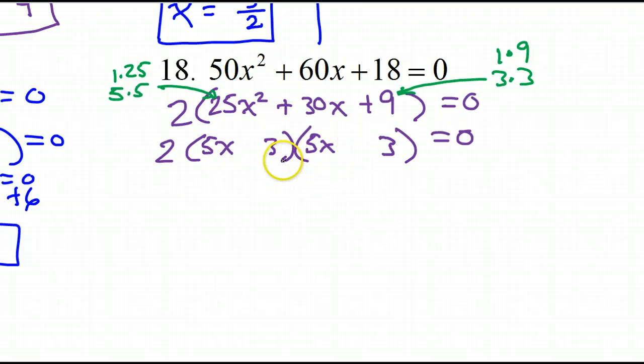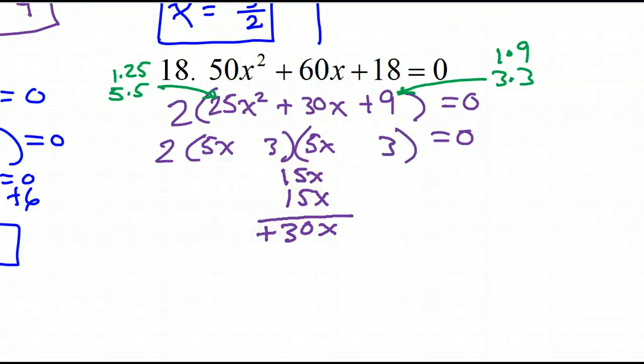Alright, let's see what we get. Inside, we have 15x. Outside, we have another 15x. We are trying to get 30x, and specifically a positive 30x.